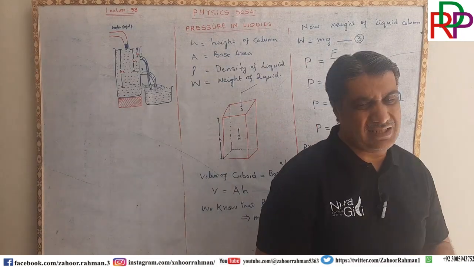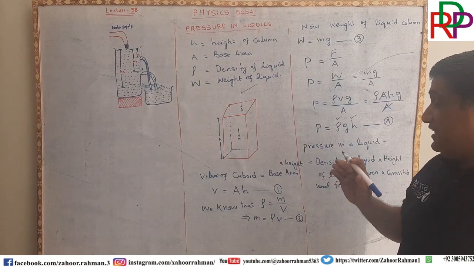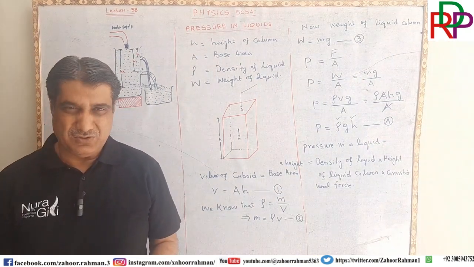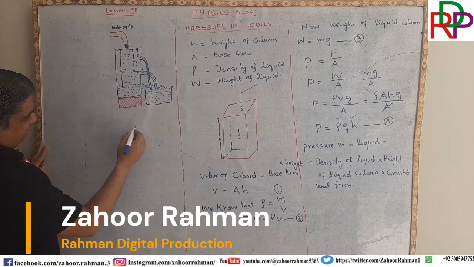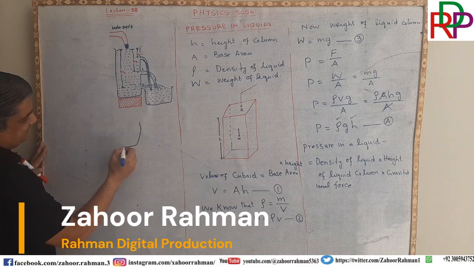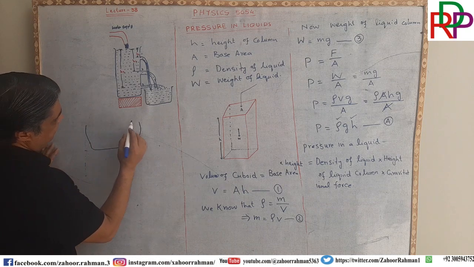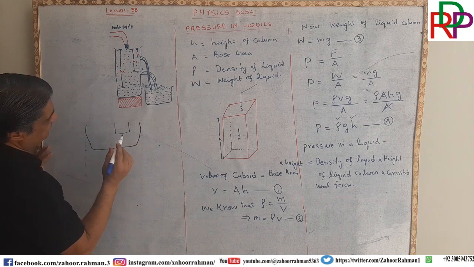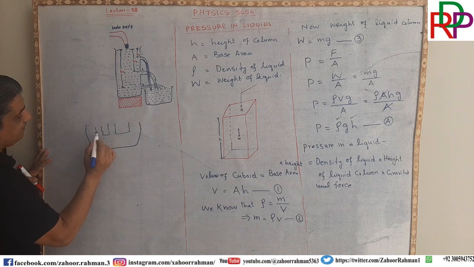One consequence of this equation is that water maintains its level. For example, there is a vessel in which there are two places which are like this.